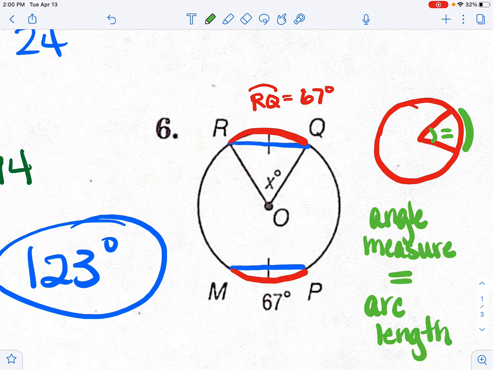So because the arc is 67 degrees, the angle measure is also 67 degrees.